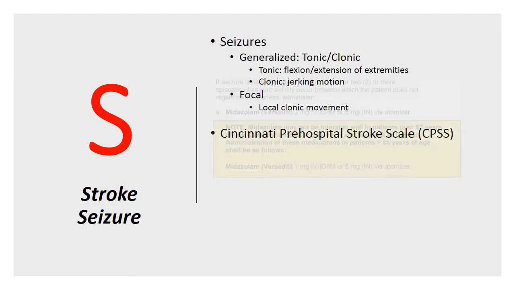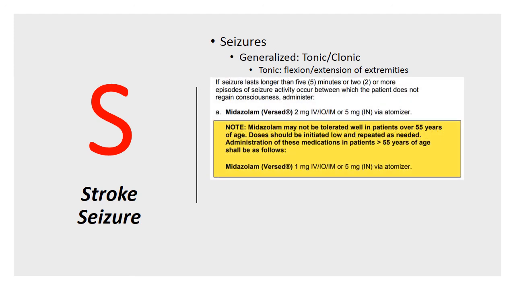Okay. So in the protocols, if a seizure is lasting longer than 5 minutes, or they have 2 or more episodes of seizure activity in which the patient does not regain consciousness, which by textbook definition is status epilepticus, you need to give them benzos, because in this process they're probably going to get to the point where they're going to quit breathing or have some major irreversible side effects.